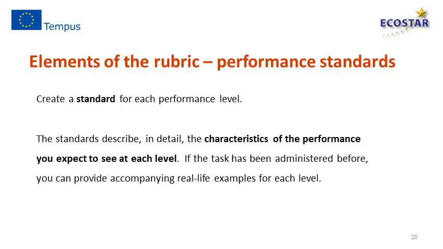Now, you have to create a standard for each performance level for each dimension. Okay, and again, the more points you have and the more dimensions you have, the more cells you have to fill in. Now, the standards should describe in detail the characteristics of the performance you expect to see at each level.